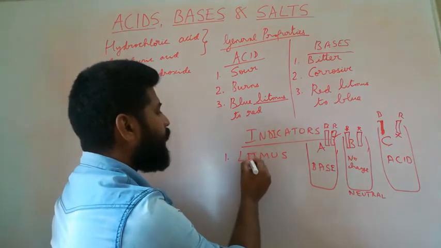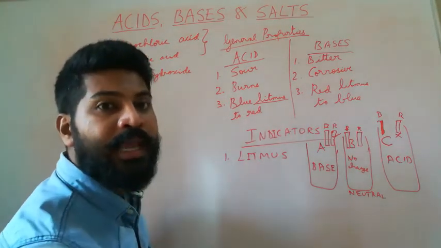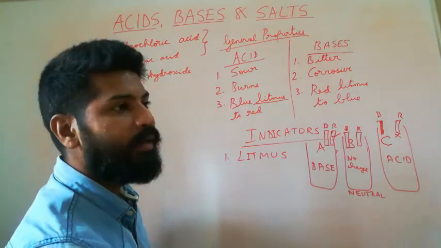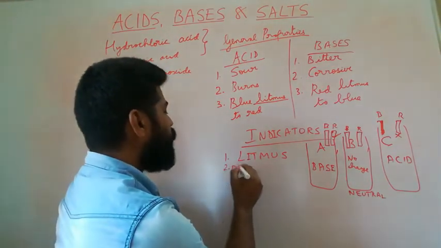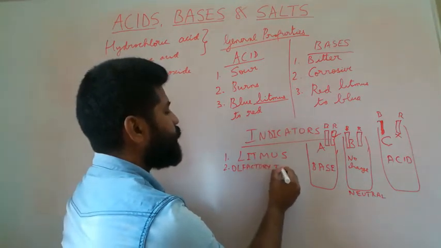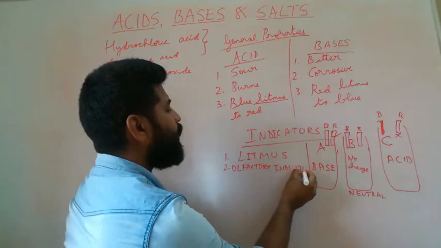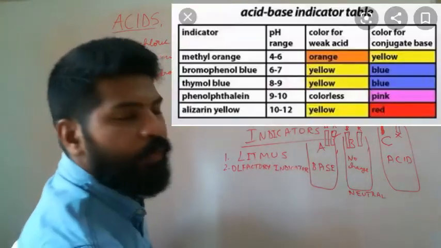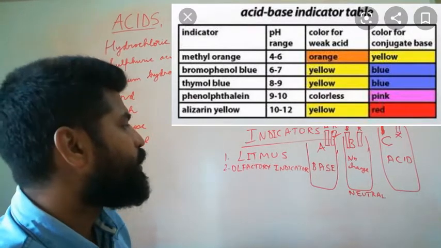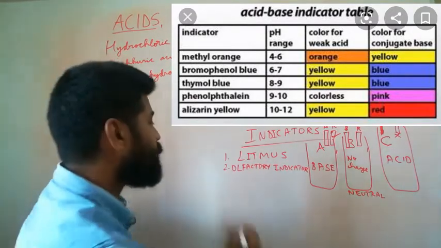We also can use change in smell as an indicator. So these are called olfactory indicators. So whenever there is a change in smell also, we can come to know whether it is acid or a base. So olfactory indicators can also be used.